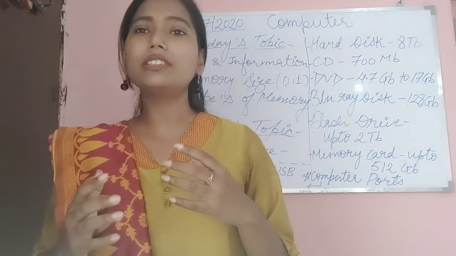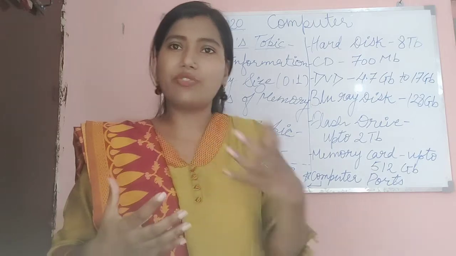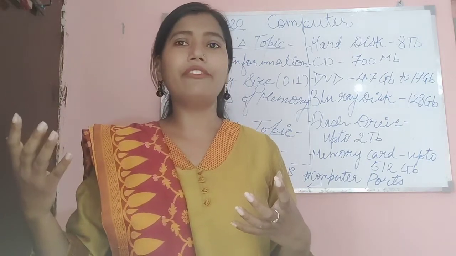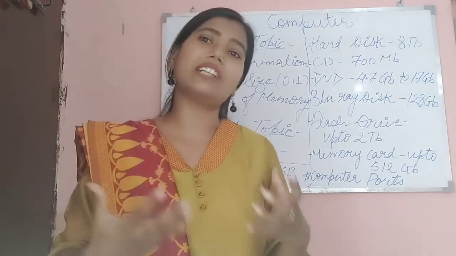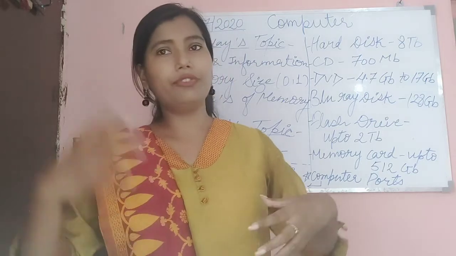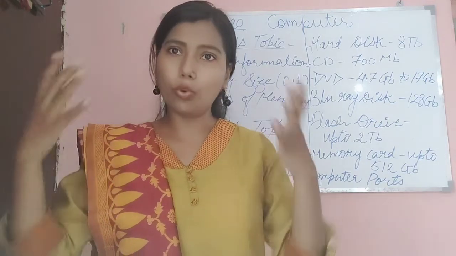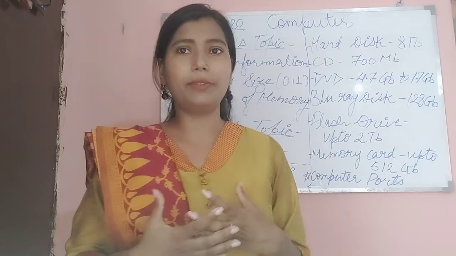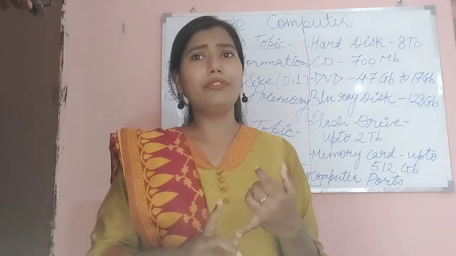But what is the difference? The difference is in their storing capacity and their cost. As we know, the more storing capacity we have, the more the charges will be. So if a disk has more capacity, that means the cost will be more.